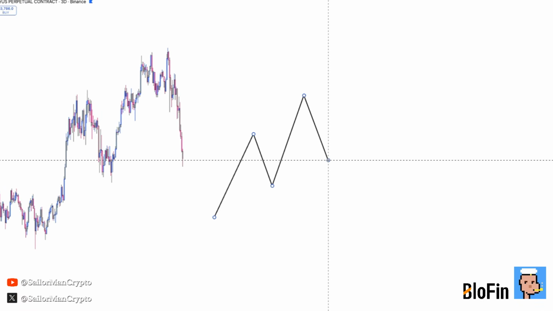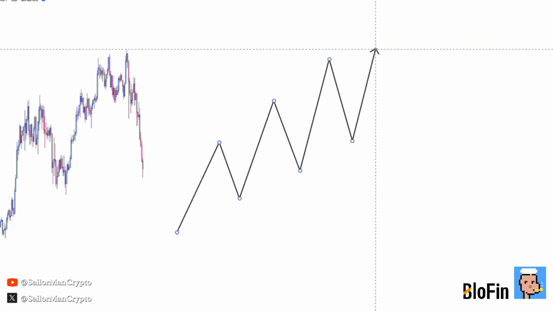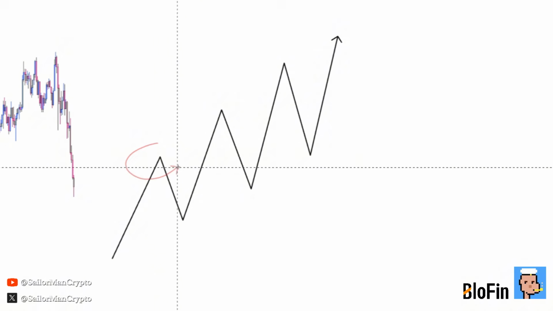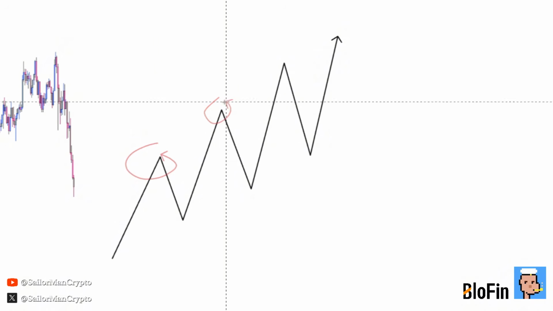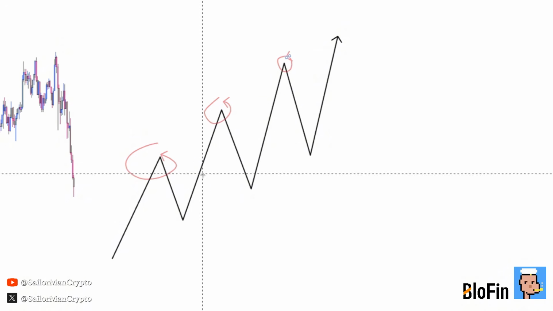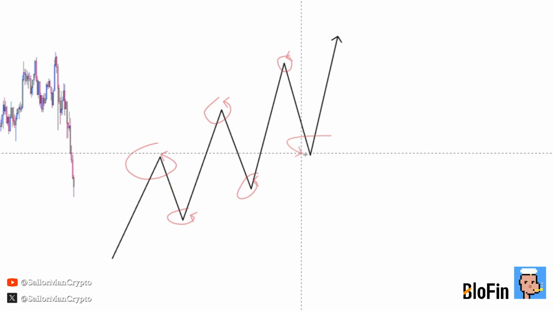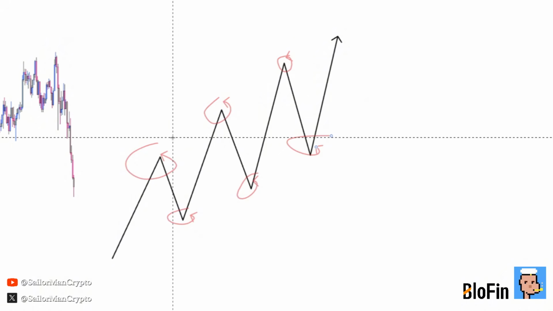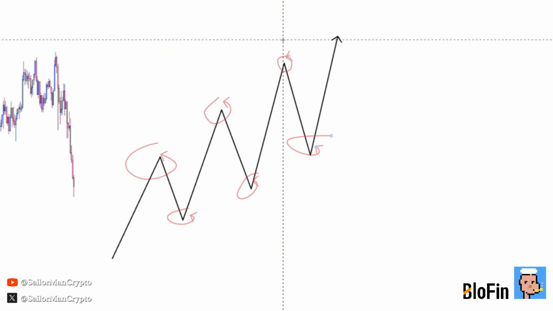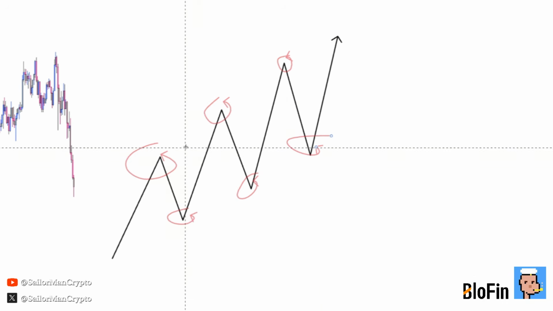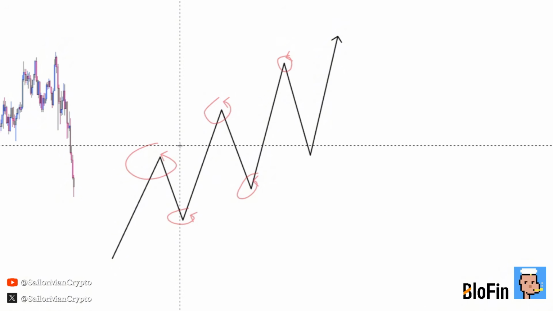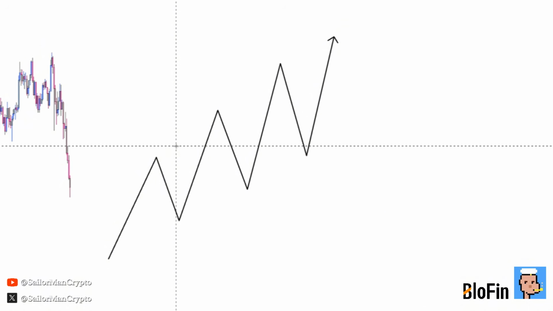So when we form a series of higher highs, followed by higher lows. An uptrend must have these two simple characteristics. The structure should be higher high, higher low, higher high, higher low. Always a high needs a low needs a high. A structure is always composed of two components, the high and the low.